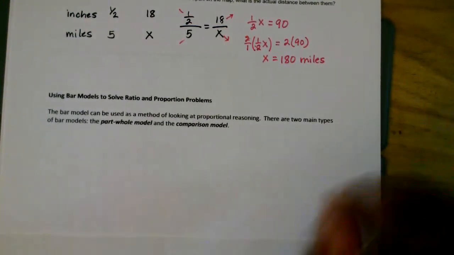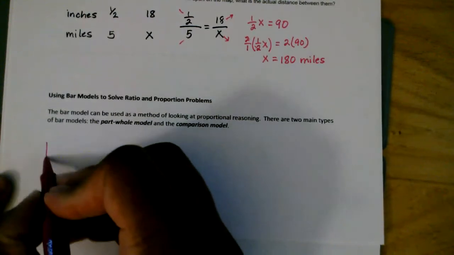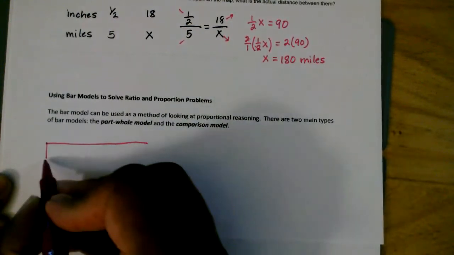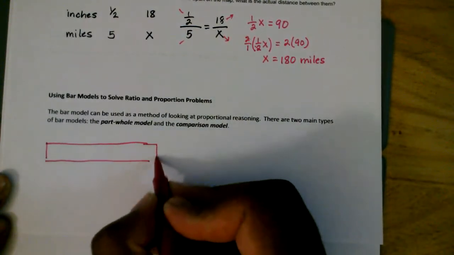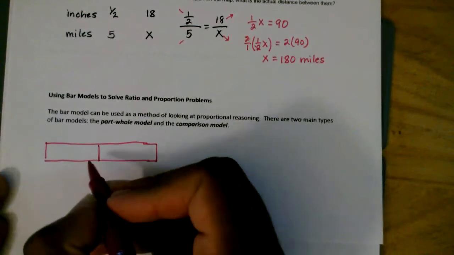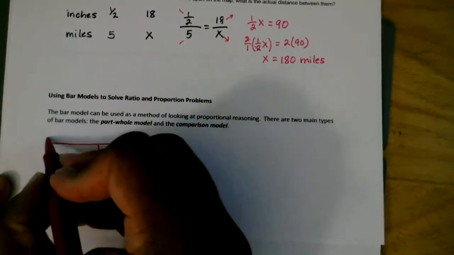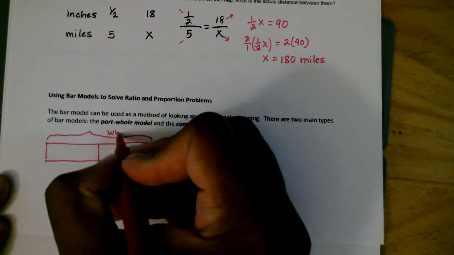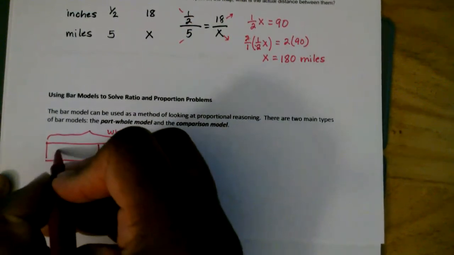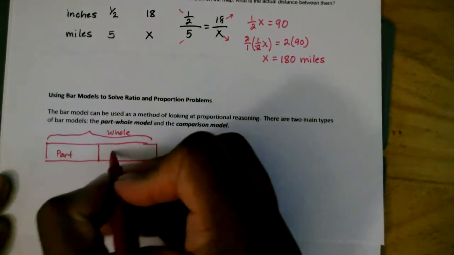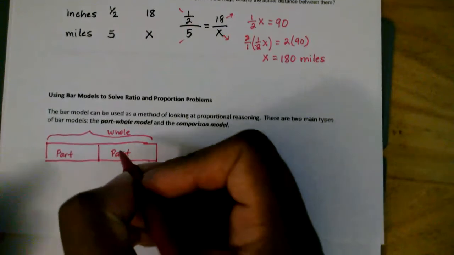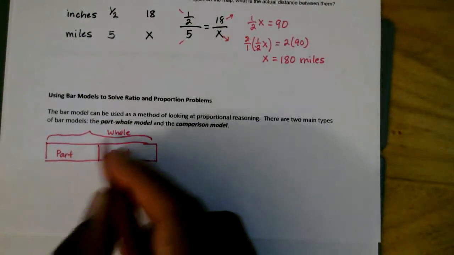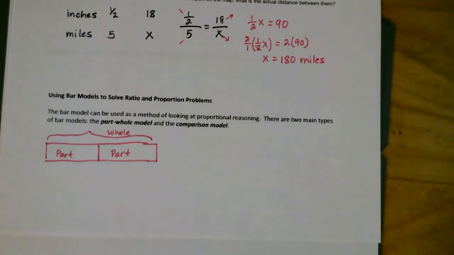I'll show you an example of that. Let's say I had a bar that looks like this. All of this represents the whole. Then you have your part and part. So that's the part to whole model.